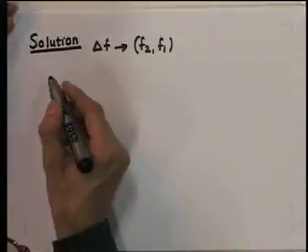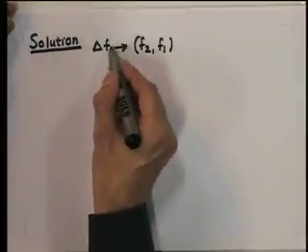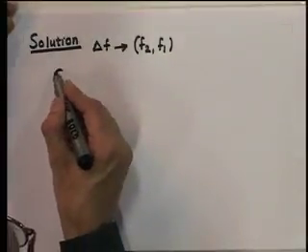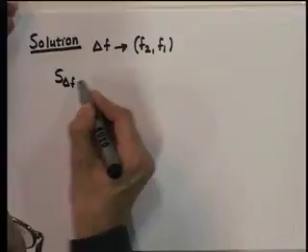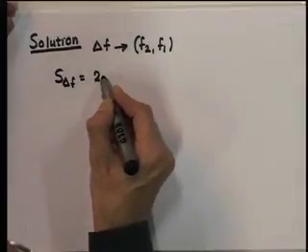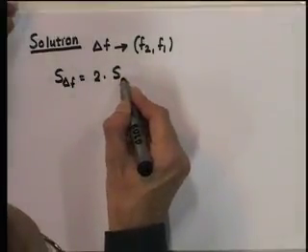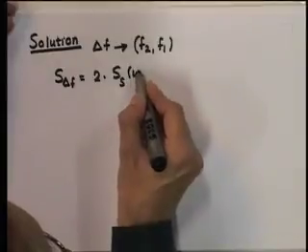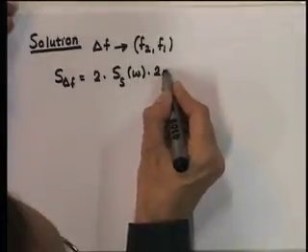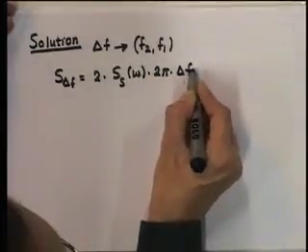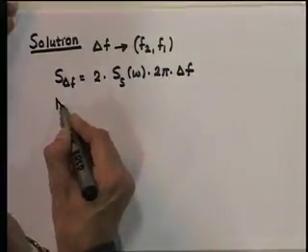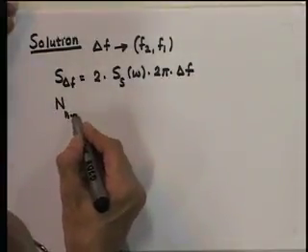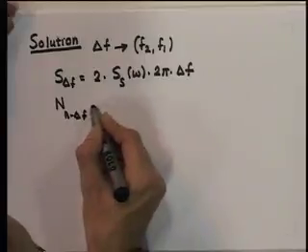In this case, the signal and noise power over the band delta f is given as follows: S delta f is equal to twice f, and the noise power over the band delta f is equal to the following.